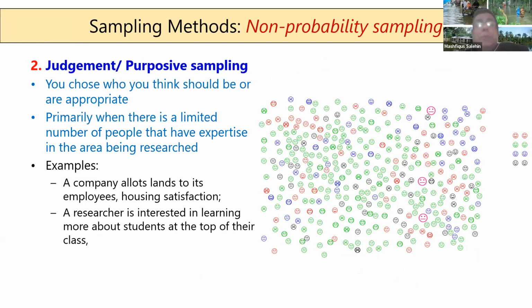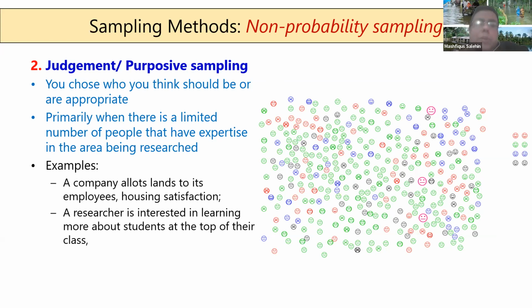Judgment or purposive sampling. Here, you choose your samples purposively because the group of people would be useful for you and you think would be able to answer your questions more correctly or more efficiently.